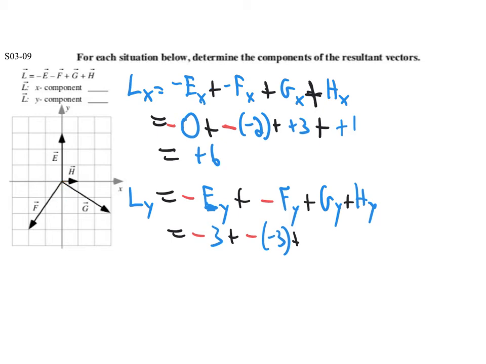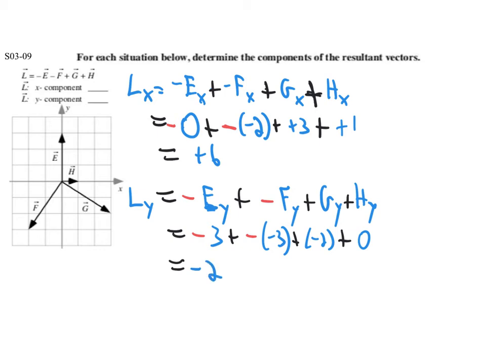GY is minus 2. And HY is, well, 0. So now we have minus 3 minus minus 3. These two have gone, become 0. Minus 2 is minus 2 more, plus 0. We are left with LY of minus 2.